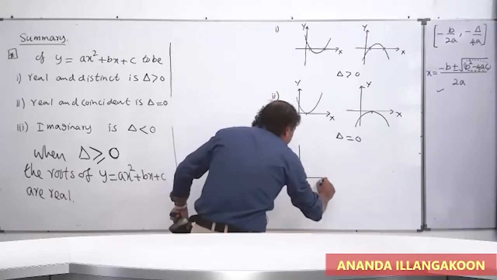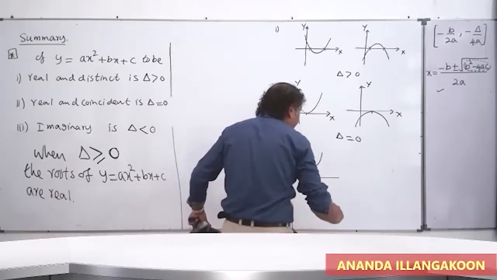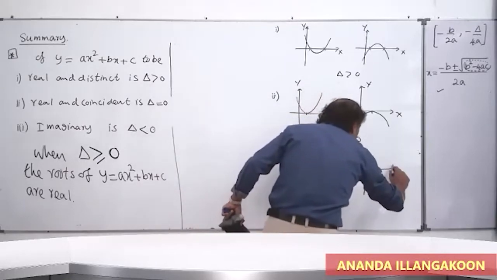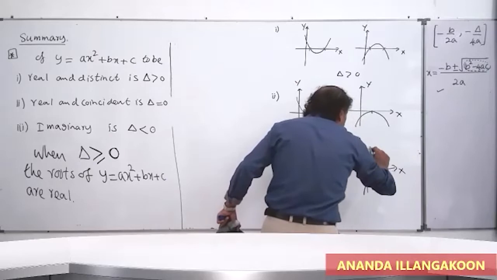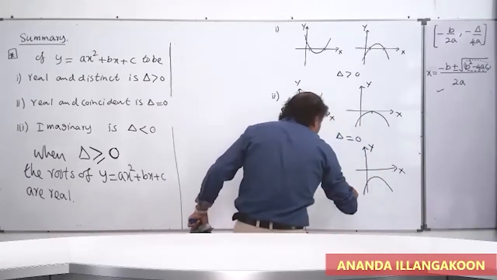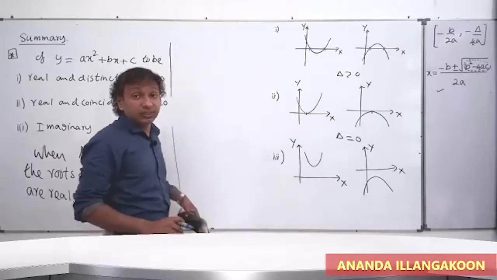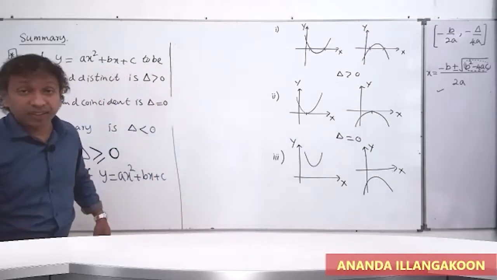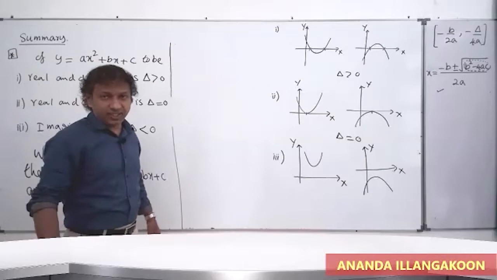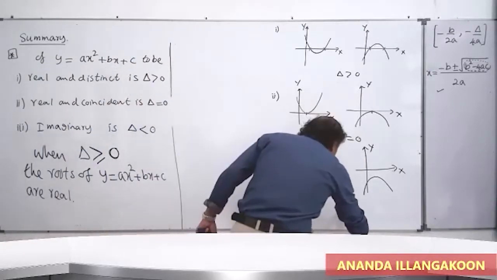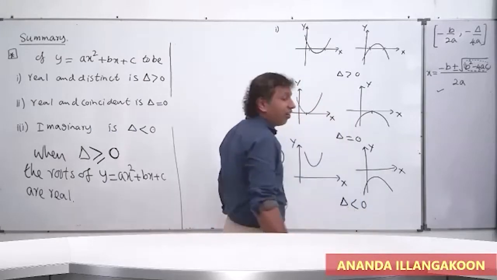The graph lies completely above the x-axis or completely below the x-axis. So that graph does not cut the x-axis. That is how we identify imaginary roots. For that, the mathematical condition is delta negative. These are the final summary.